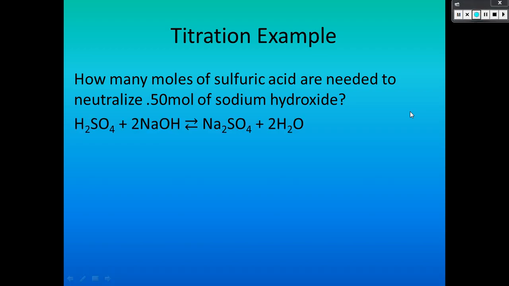So, first you need your balanced equation. Sulfuric acid is H2SO4. You know that it's the sulfate ion because ates go to ic, and sulfate is SO4 2-. So H2SO4 plus 2 NaOH.